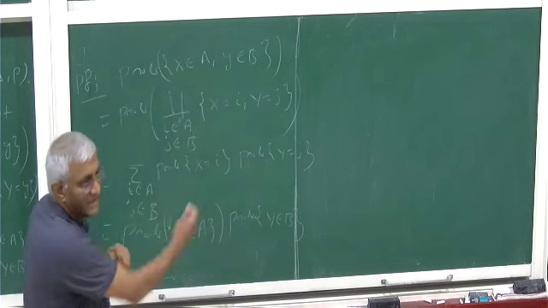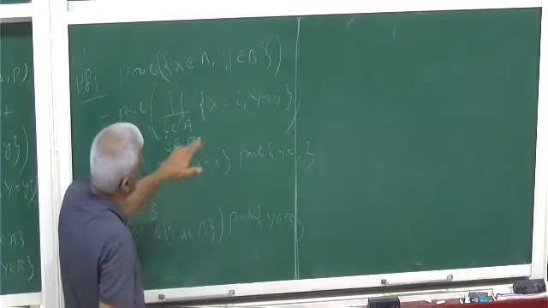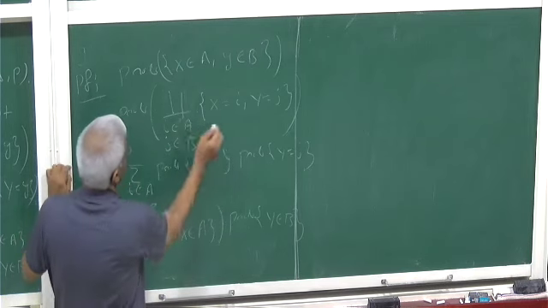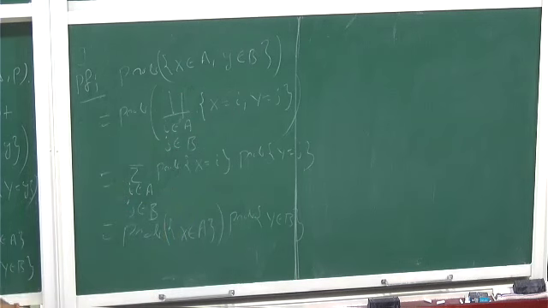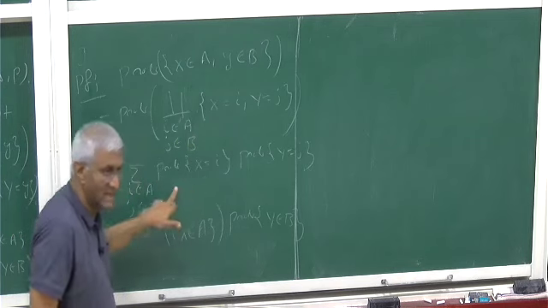A can be uncountable, but only those countable points where X equals i matter. So you can write it as a disjoint union over i in A, j in B, and then take the product of these things.